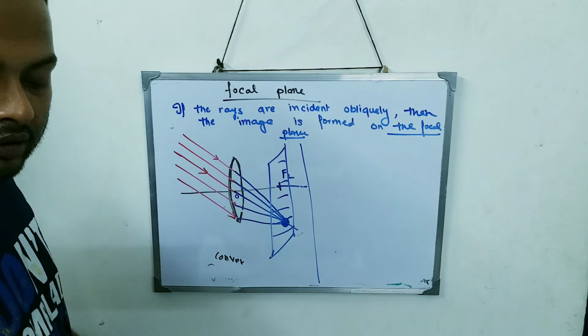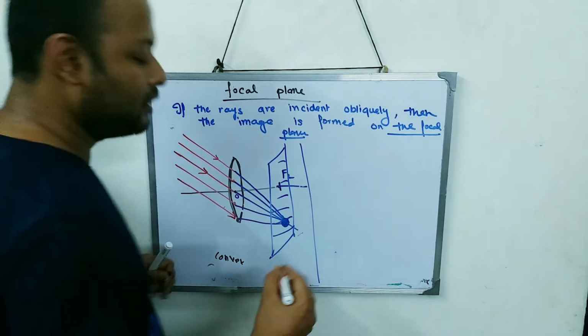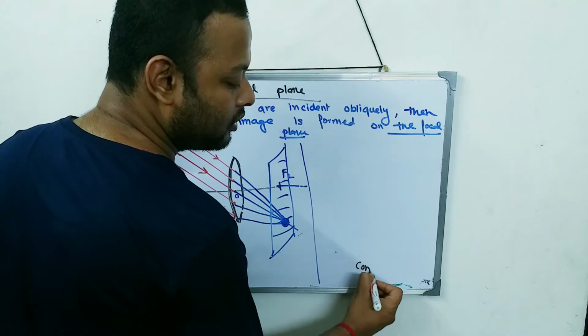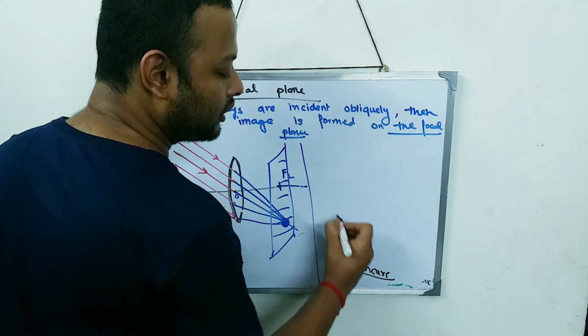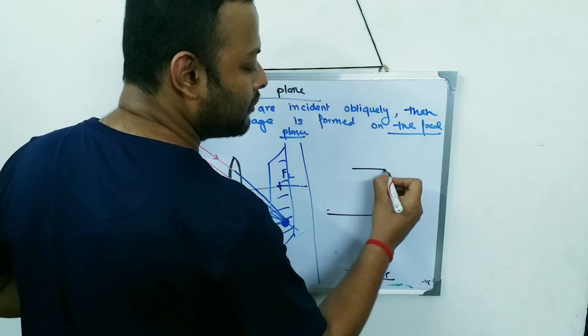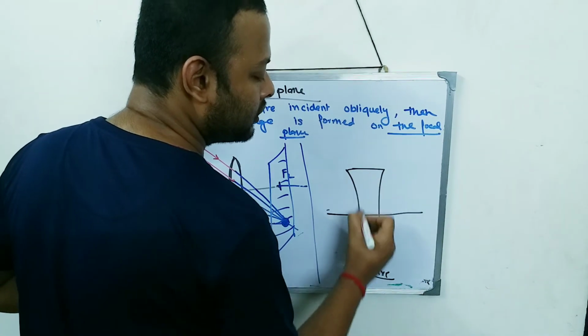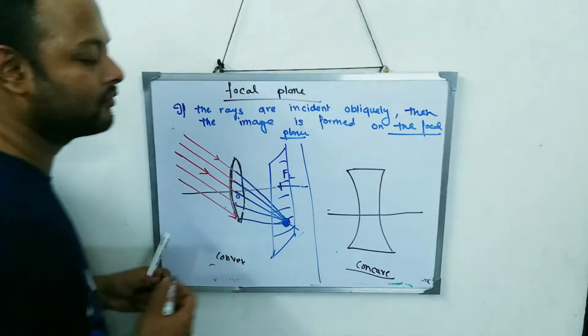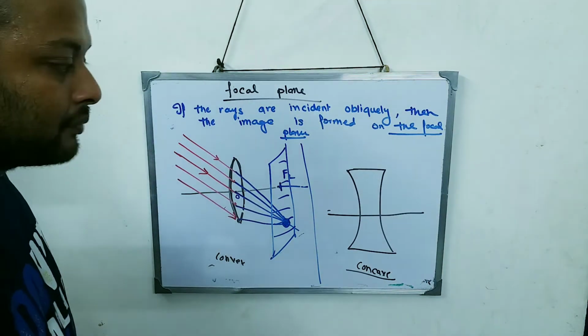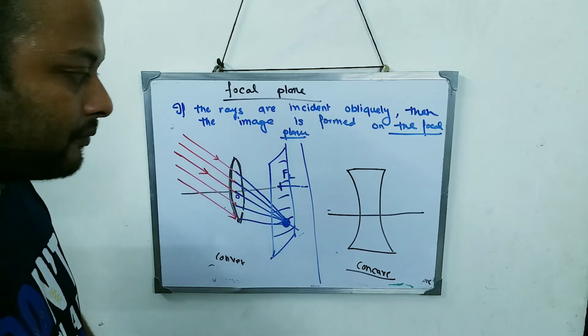Now we talk about the other kind of lens, that is the concave. Now how does the concave lens look? I think I have drawn many, and I think you can understand. This is the concave lens. Now how are the rays incident over here?